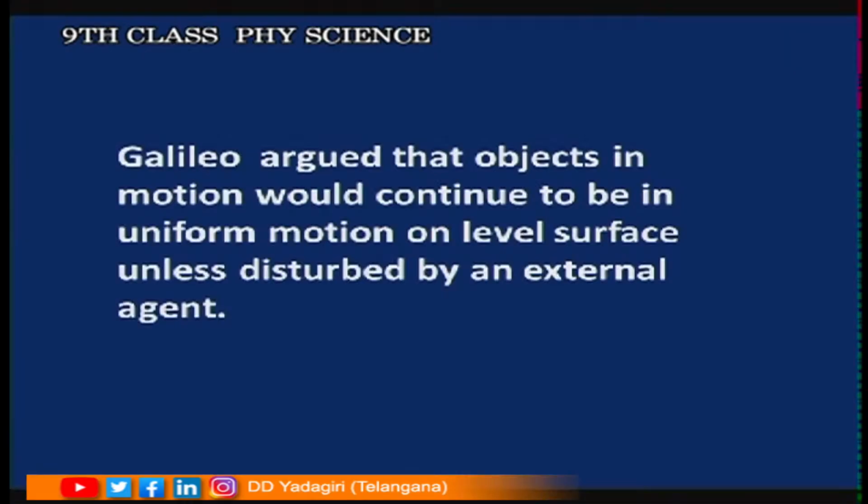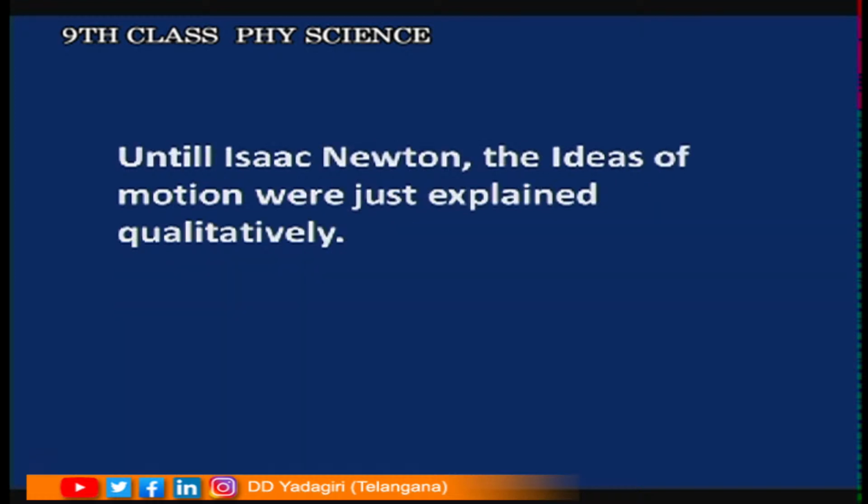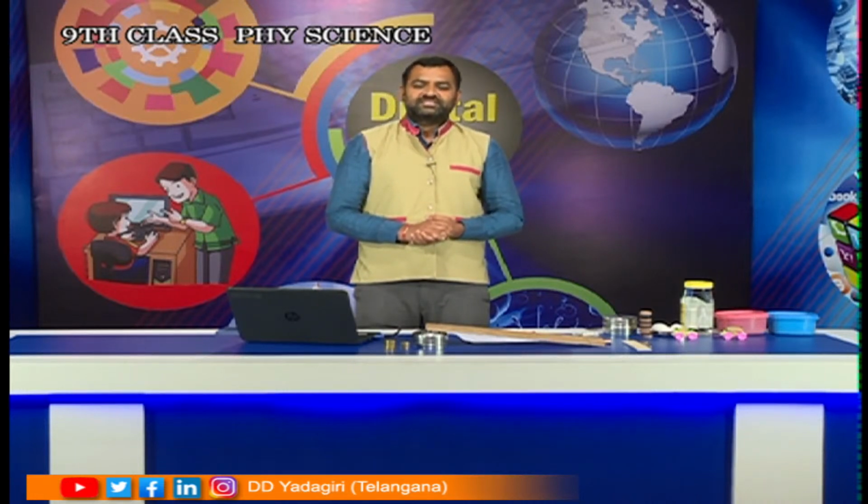Galileo argued that objects in motion would continue to be in uniform motion on a level surface unless disturbed by an external agent. Until Isaac Newton, the ideas of motion were just explained qualitatively, but it is the genius of Isaac Newton that led to the remarkable discoveries in the ideas of motion, and with a mathematics background he developed Newton's laws of motion.